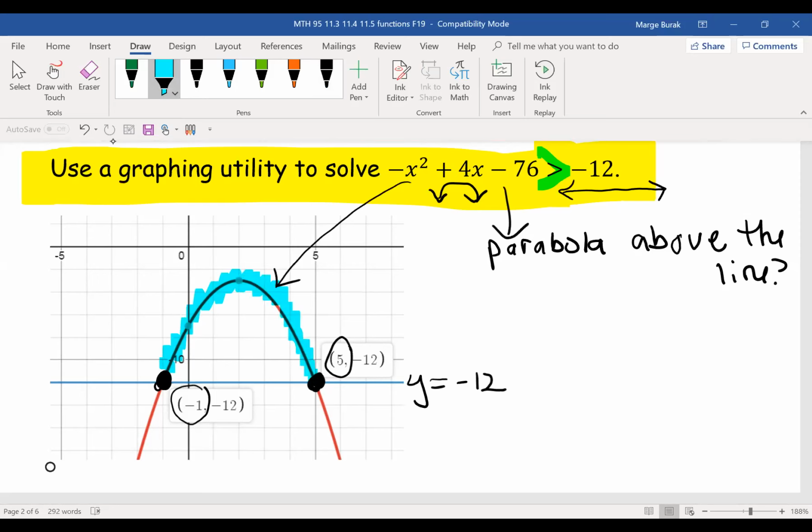So that would be in between the negative 1 and the 5. And if you look at the x-axis, right here is negative 1 and right here is 5. These are the x coordinates where the parabola is above. So we write that as, since it's greater than, we keep it open, it's not greater than or equal to, it would be negative 1 to 5, and that is the interval where that equation is greater than negative 12.